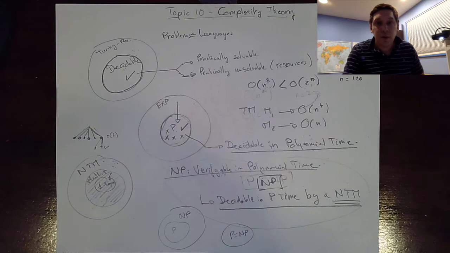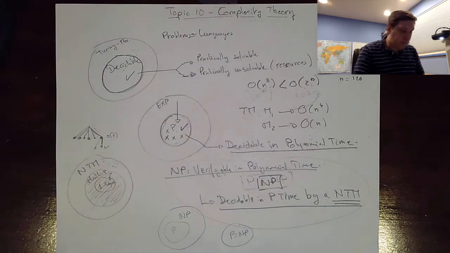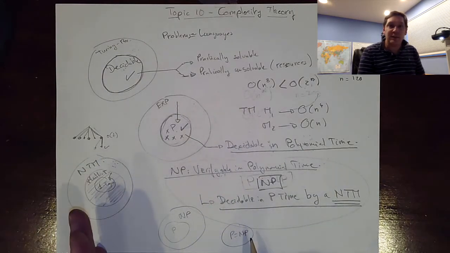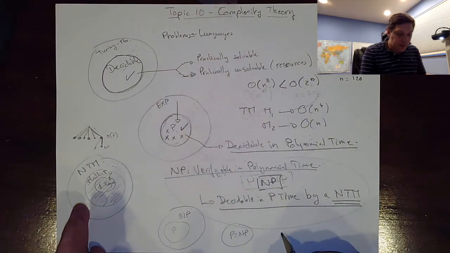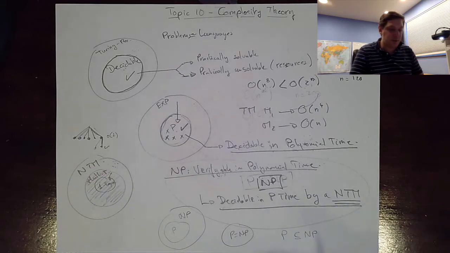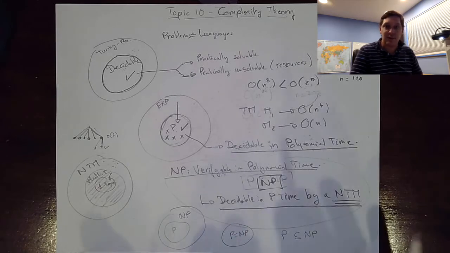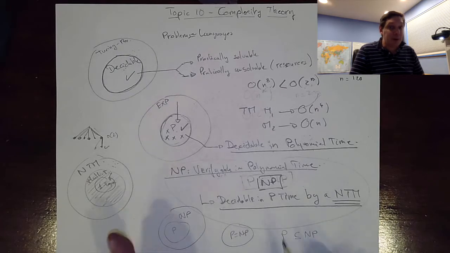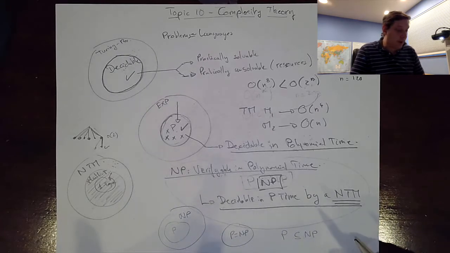So we don't know which one of these is true, right? That's why if we say subset or equal to NP, that's fine, because this is true in both this case and this case, right? If you're in P, you're in NP. If you're in NP, you might be in P. We don't know actually if it's always true, right?